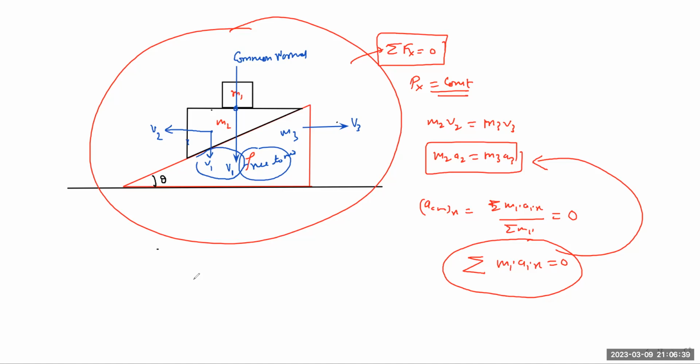Is it clear? So what will be the laws of motion for M1? And one more thing. The constraint we wrote for M1, M2, that along the common normal the velocity is the same, but there is one more constraint.